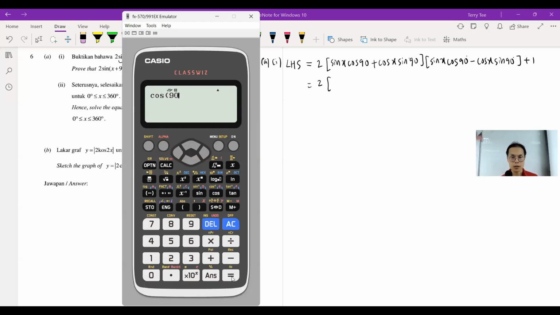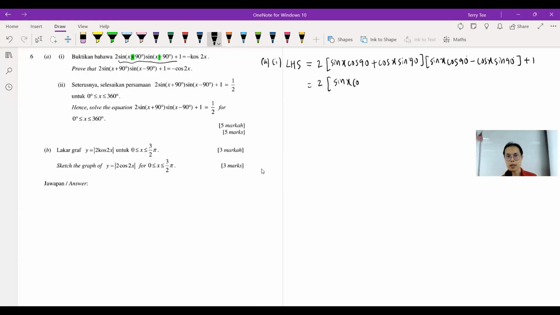Cos 90 is 0. So this is sine x times 0. This is cos x times 1. Followed by sine x times 0 minus cos x times 1 plus 1.